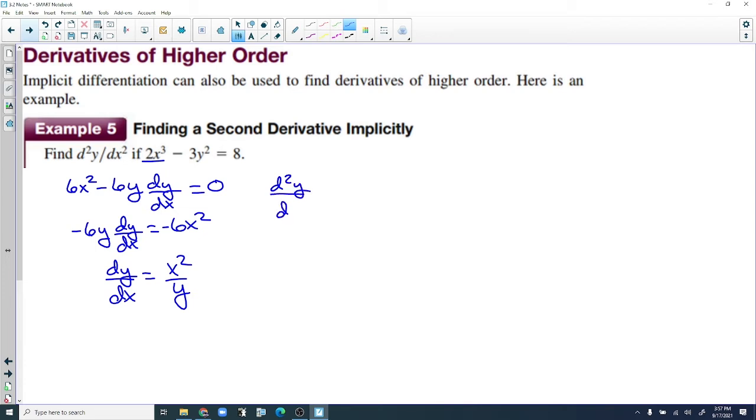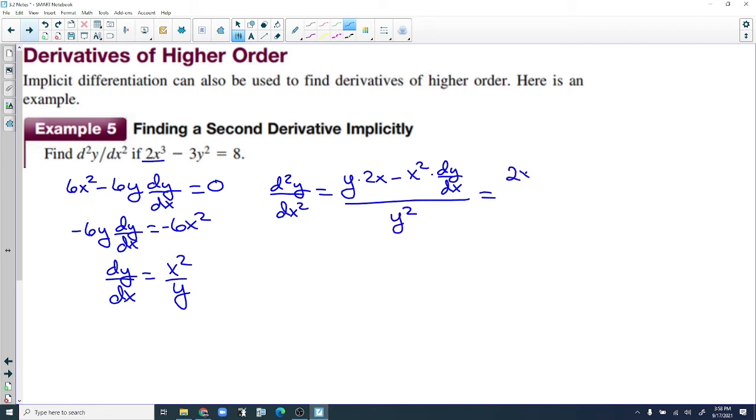d2y over dx2 is equal to bottom times the derivative of the top minus the top times the derivative of the bottom. The derivative of the bottom, the derivative of y is 1, but we're doing this implicitly, so times dy/dx. And that's all over y squared.